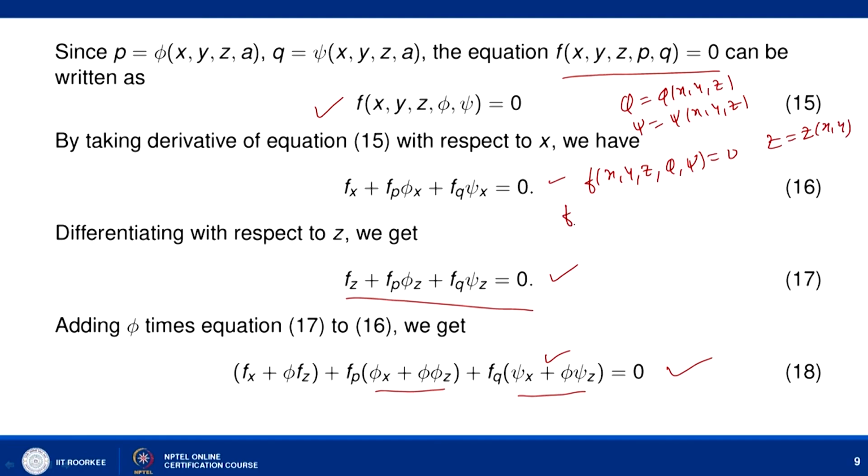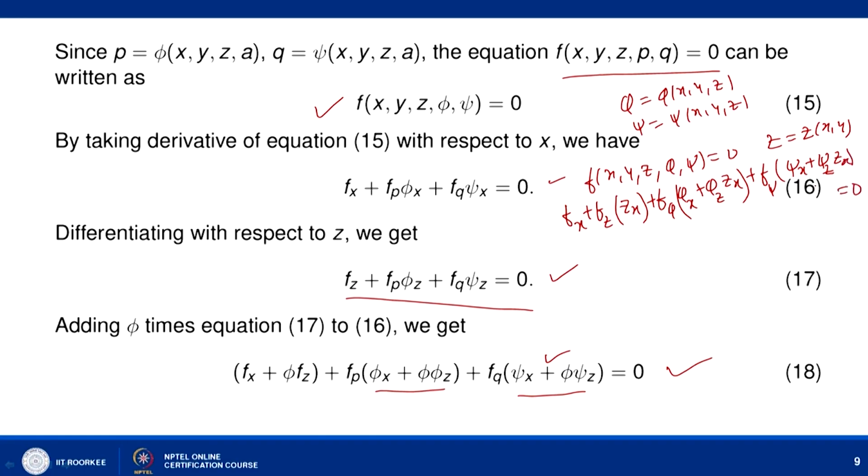So in this case we have f x plus f z times z x, plus f phi times phi x plus phi z z x, plus f psi times psi x plus psi z z x equal to 0.